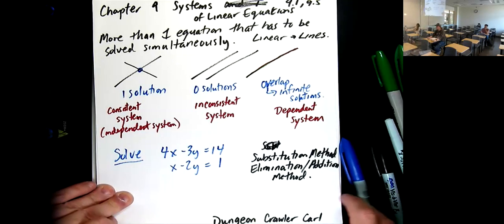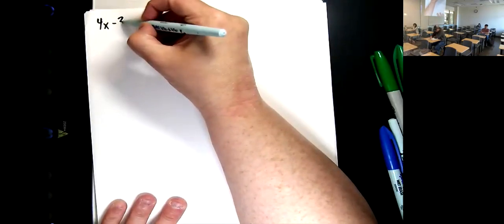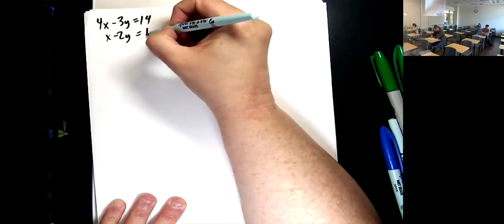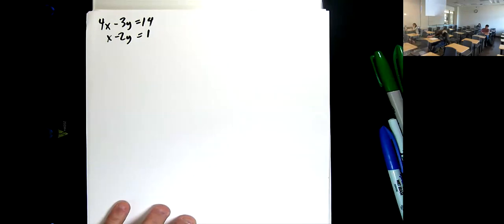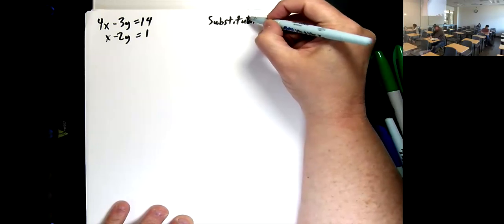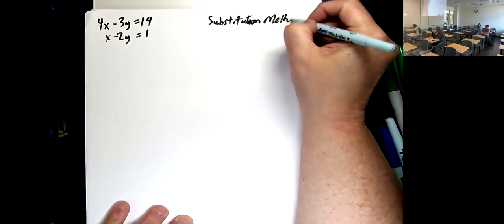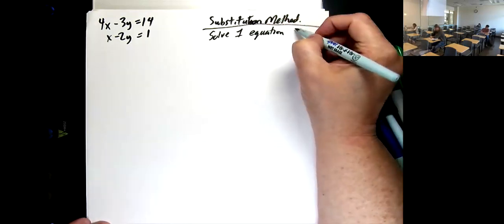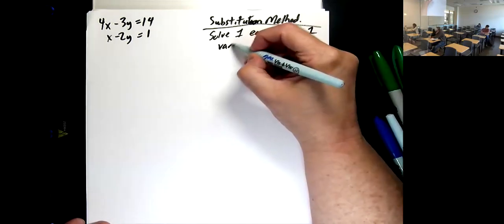Everybody ready for some more? So we had 4x minus 3y equals 14, and x minus 2y equals 1. Let's do the substitution method first. Here we solve one equation for one variable and plug it into the other.